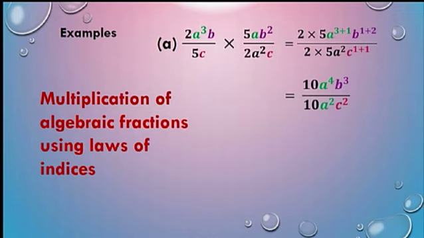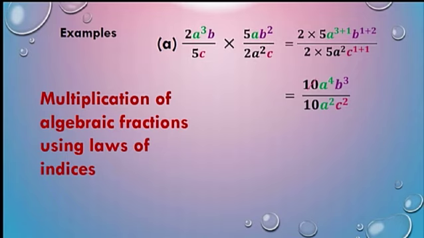Now we have the letter a in both numerator and denominator. So we are going to use the division law of indices. Remember that the division law of indices means whenever you have the same base performing a division, you need to subtract the powers.